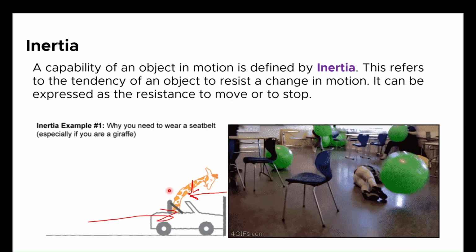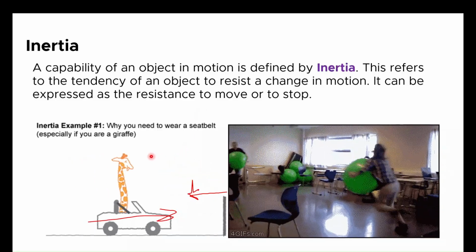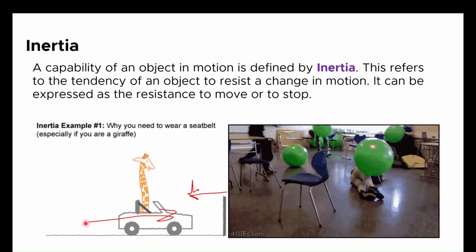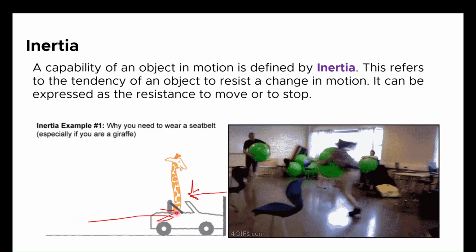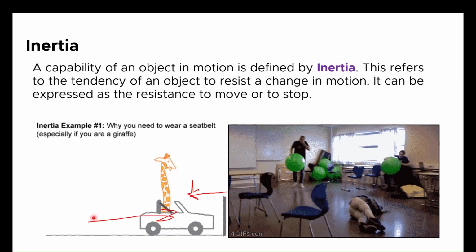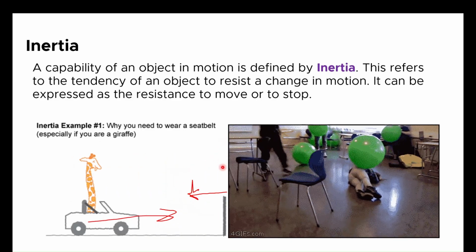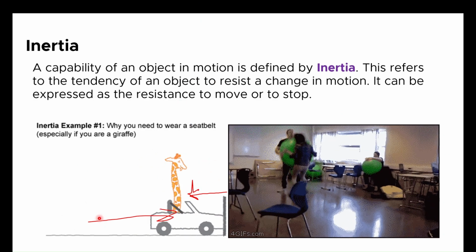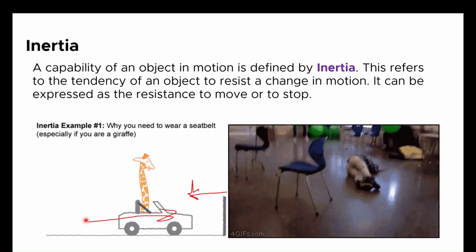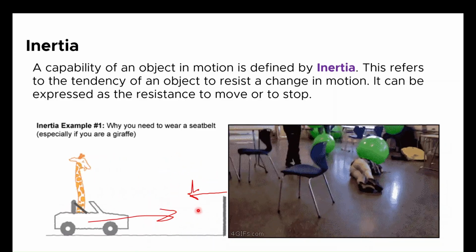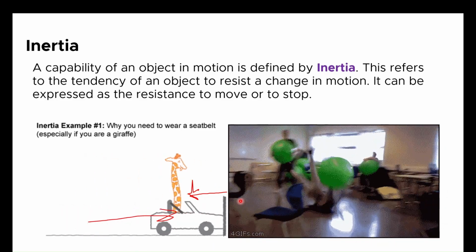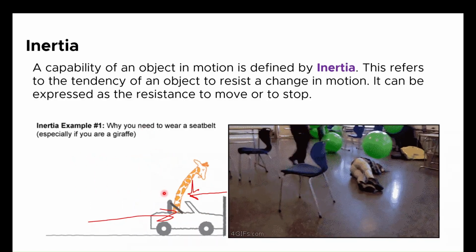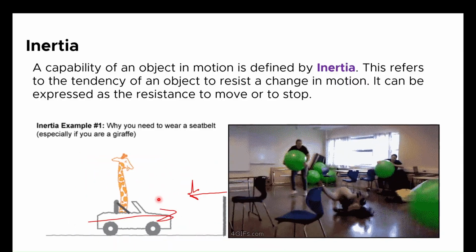In this first GIF, we can see a giraffe that I suppose is driving a car and she goes and goes until she crashes with this wall. The car is exerting a force to the right, and the wall exerts an opposite force that can overcome the car's force. Therefore, the car will stop.